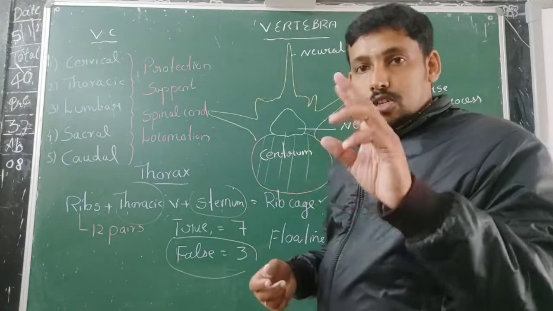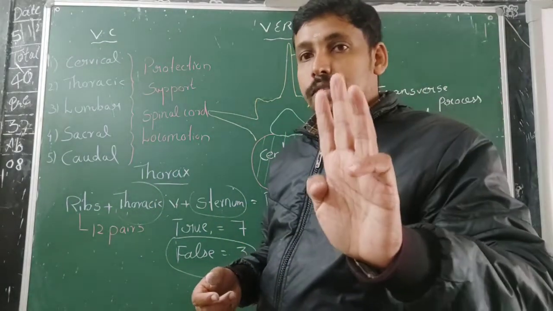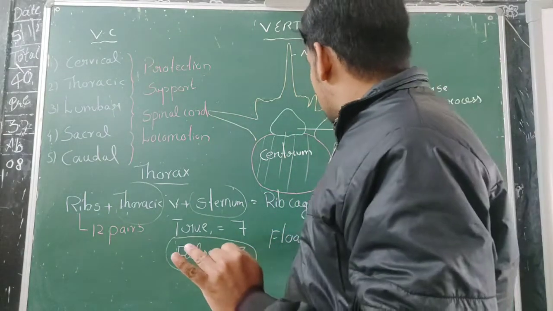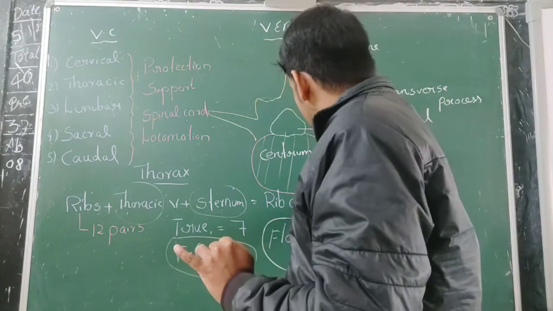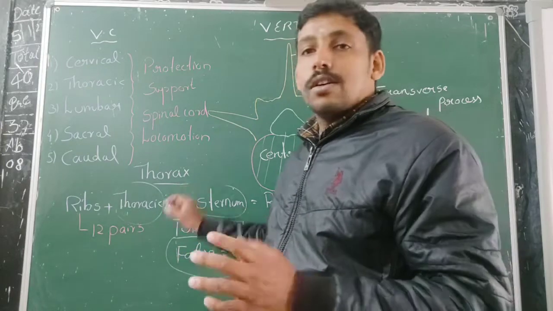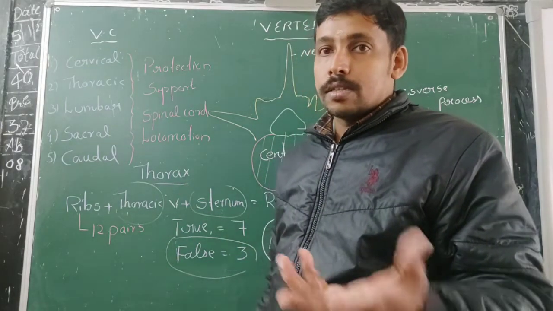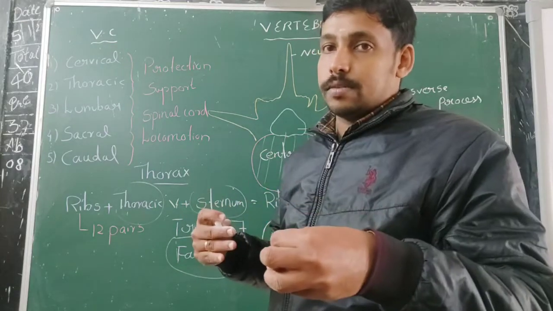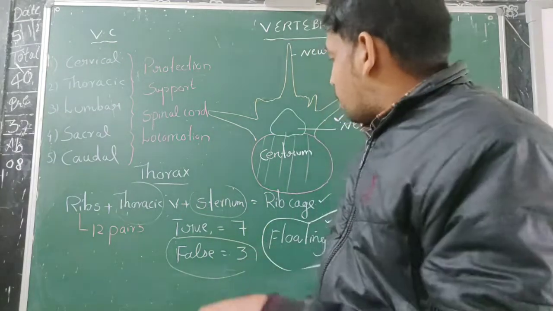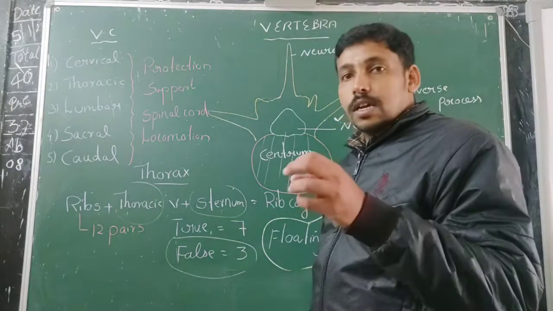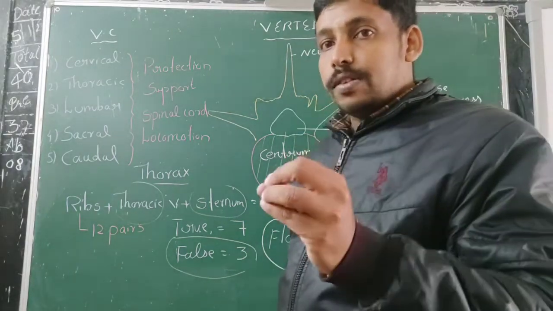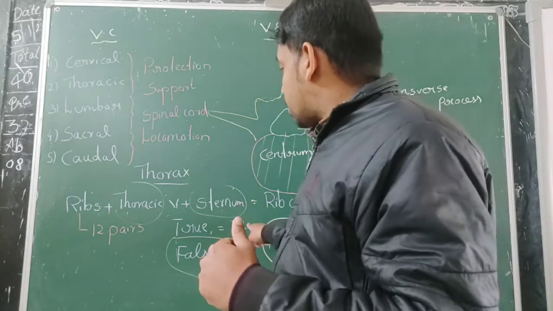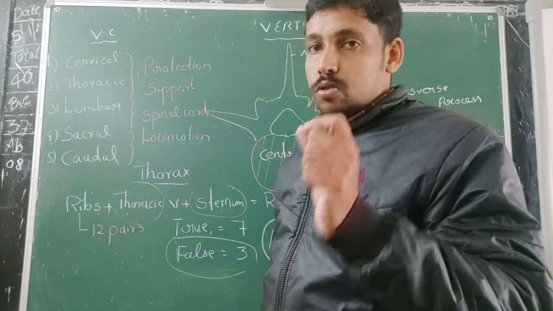Then there are 12 pairs of ribs: true ribs, false ribs, and floating ribs. Floating ribs are not having any contact with the sternum. In the front they are not joined with the sternum. In the false ribs, there are 3 pairs, and these are joined in the front with the 7th pair of true ribs.